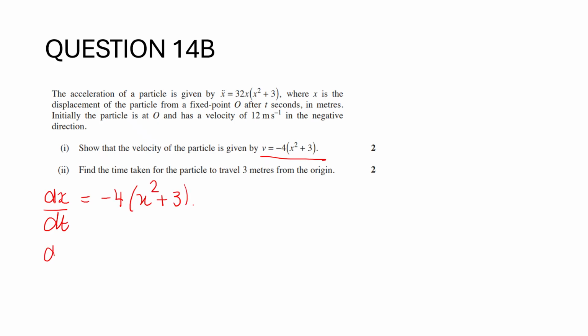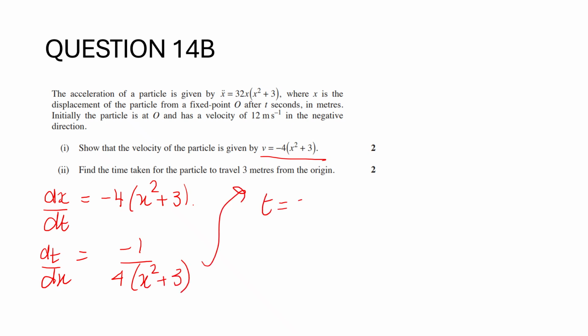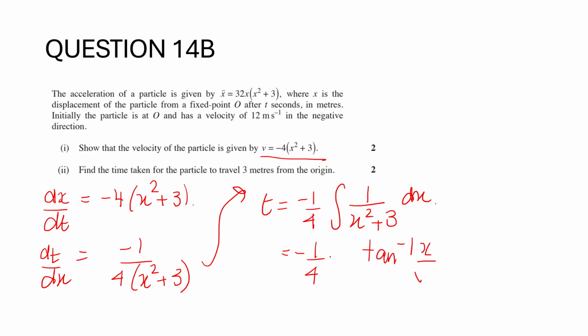Let's take reciprocals of both sides. dt/dx is equal to negative 1 over 4 (x squared plus 3), and so t is equal to negative 1/4 integral of 1 over x squared plus 3 dx, which of course is inverse tan. And using our formula sheet, we want inverse tan of x over root 3, and then we're going to have 1 over root 3 at the front, plus c.